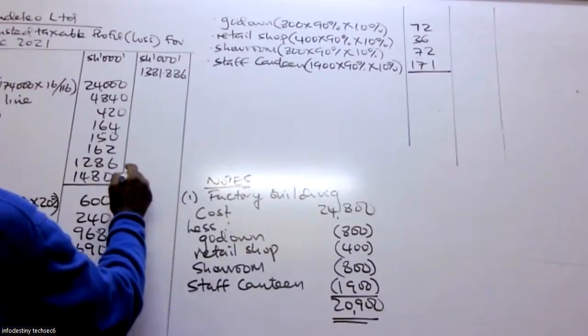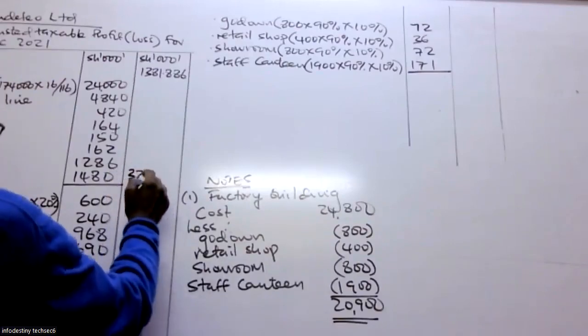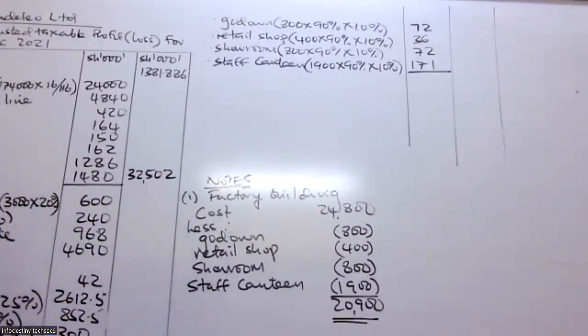So advance must be 32. Or we can say, if I have, let's say, somebody putting on one page.